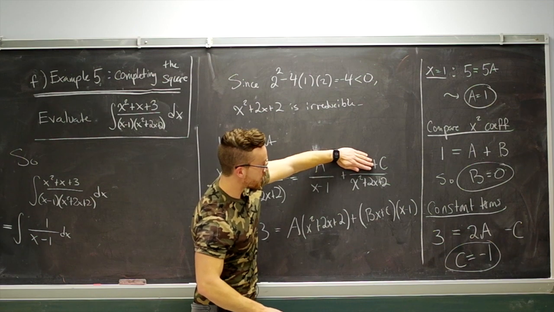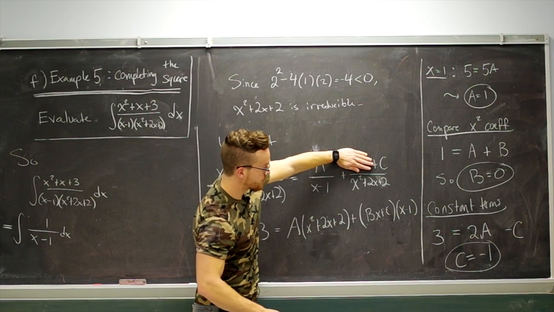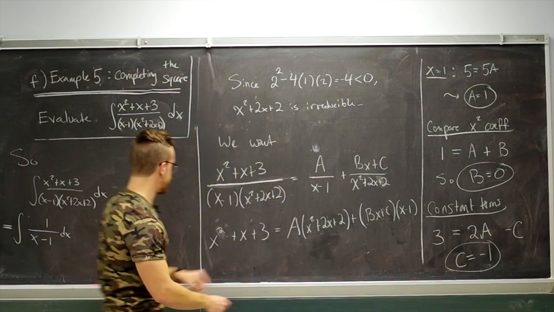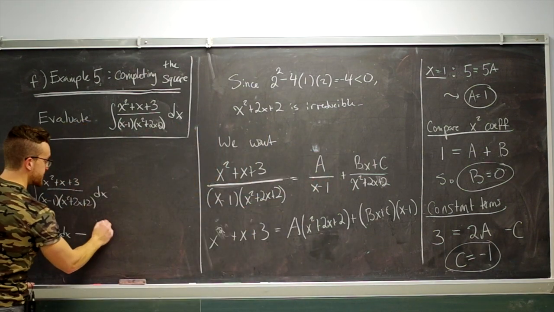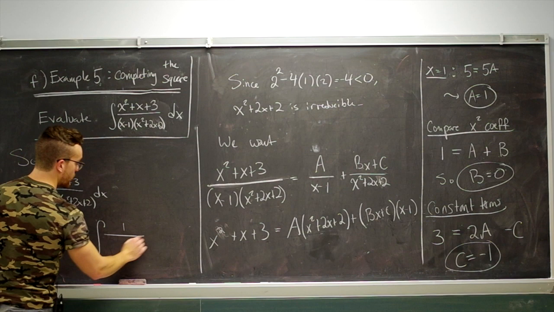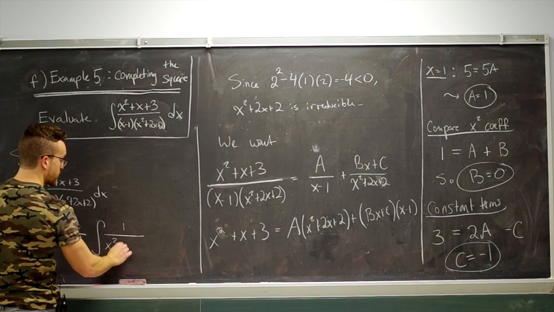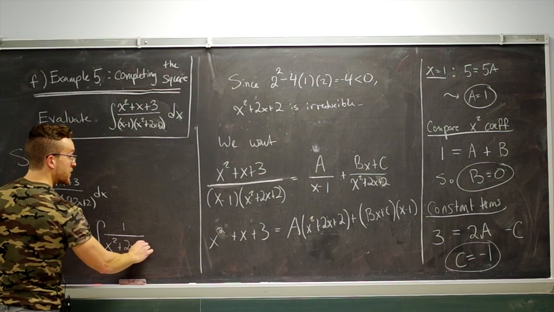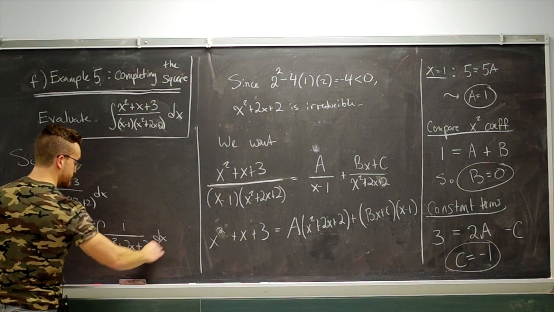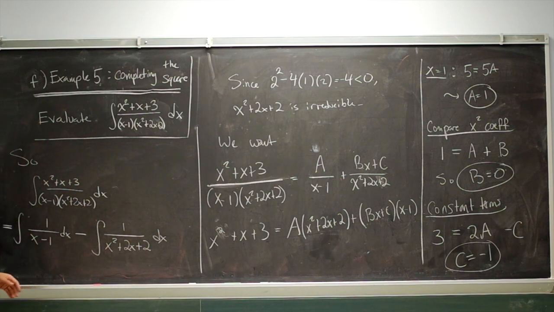B was 0. C was negative 1. So therefore, this is the same thing as minus the integral of 1 over x squared plus 2x plus 2. Okay. The partial fractions is done.